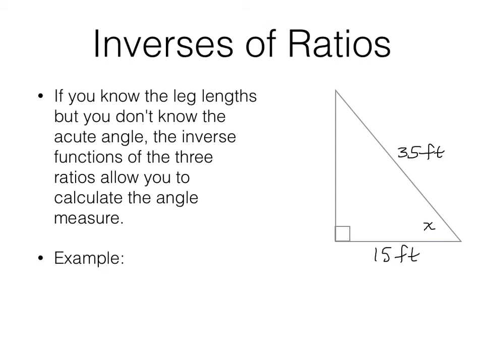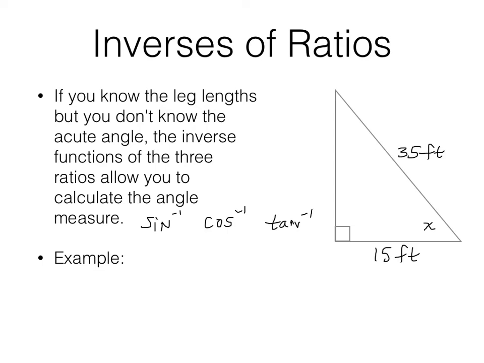So if you look at your sine button, it'll say sine to the -1. Or above your cosine button, it'll say cosine to the -1. And above your tangent button, it'll say tangent to the -1. These are the inverse functions, and they allow you to find angle measurements instead of side lengths.